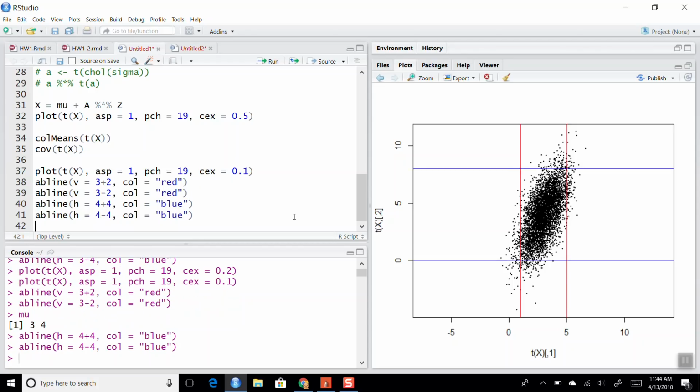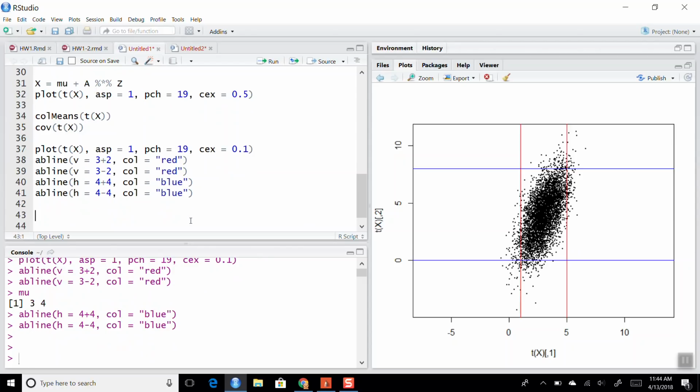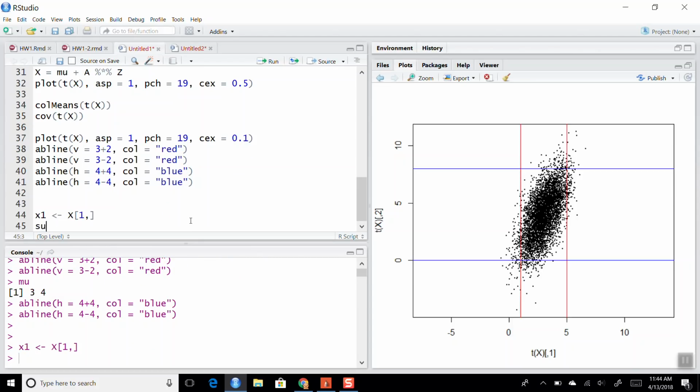Okay, and that does seem to box off the middle 95% vertically, and the middle 95% horizontally, and things of that nature. Okay, and of course, if we looked only at one variable at a time, so if I just extracted the first, I'll call this x1, and I ask for a summary of x1.